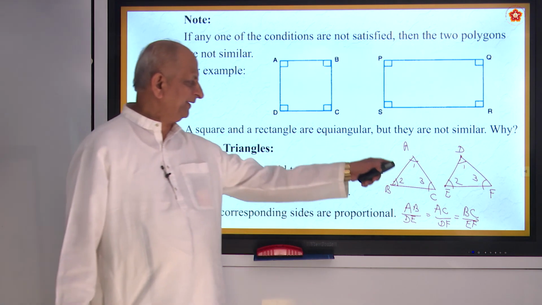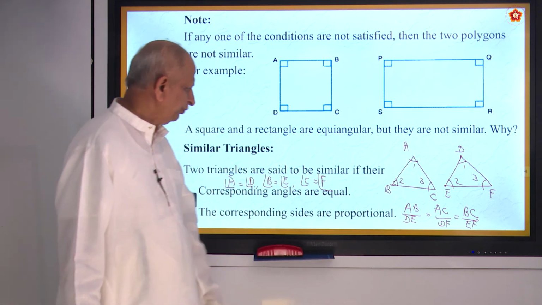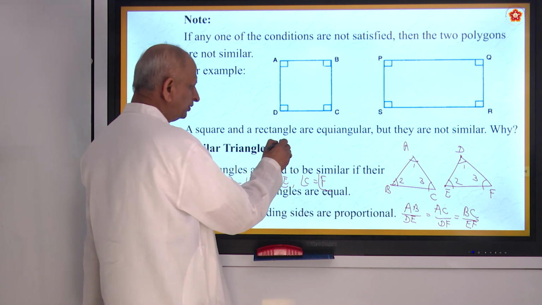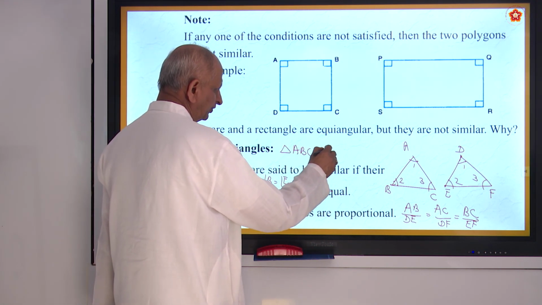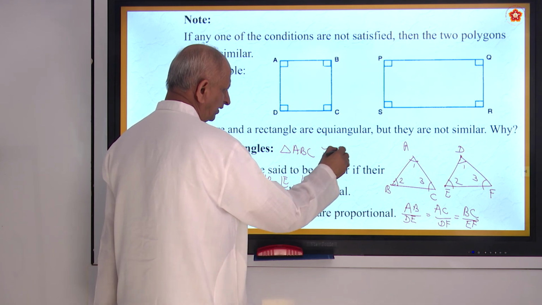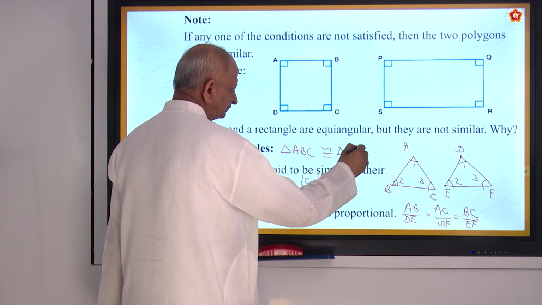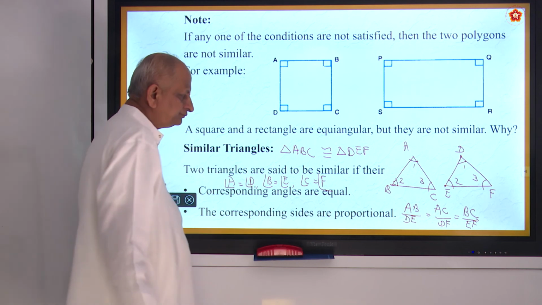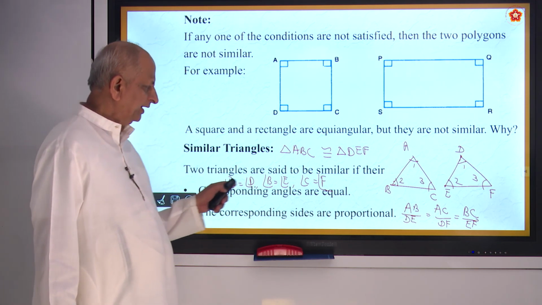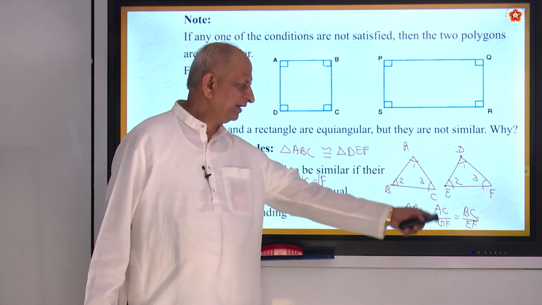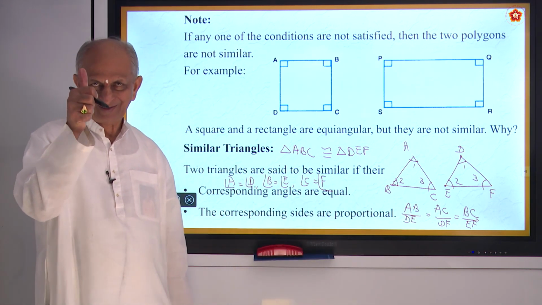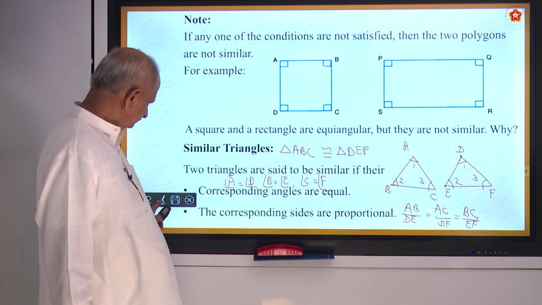Then triangle ABC is similar to triangle DEF when the corresponding angles are equal and sides are proportional. Got it? Very nice.